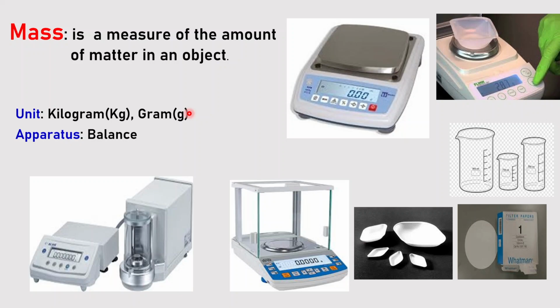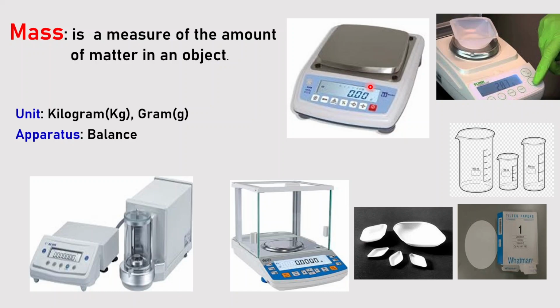The top pan balance is usually used in the chemistry lab, and it is mainly for preparation of reagents and stock solutions where slight weight variation does not have a significant influence on the result of analysis. A top pan balance is accurate to two decimal places, like here you can see after the point 0.00, that is two decimal places.